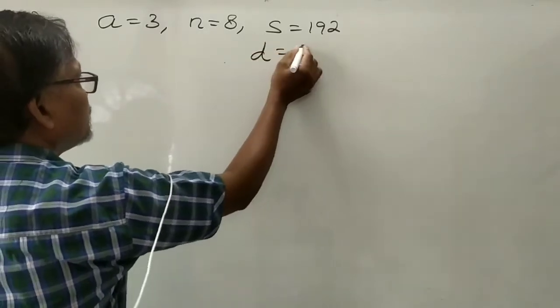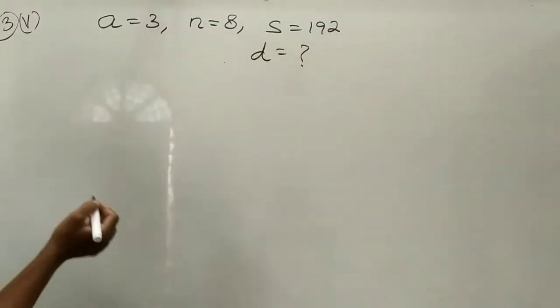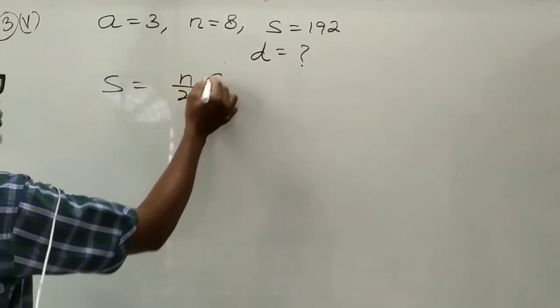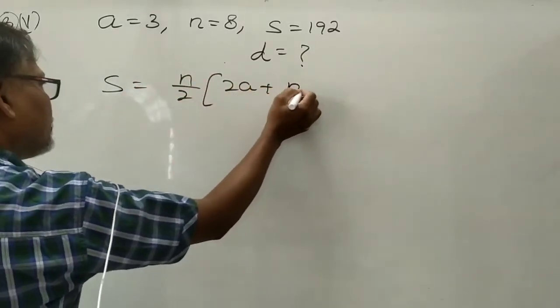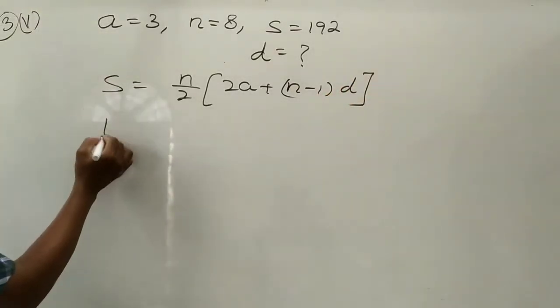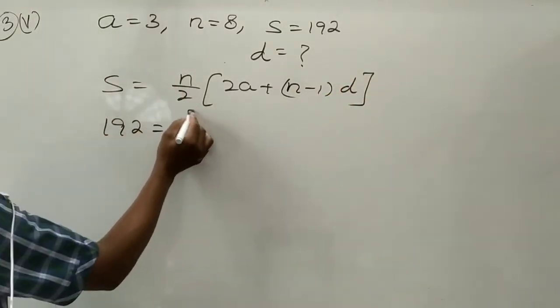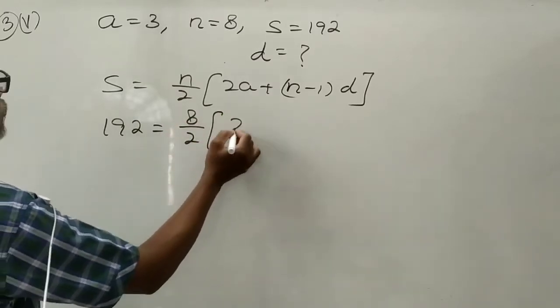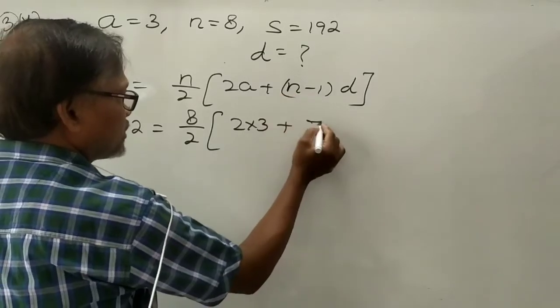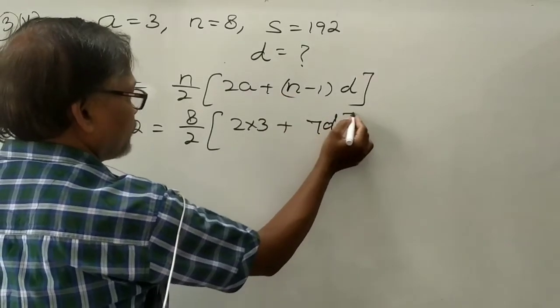Find D. So how to find it? Everything is given. Use the formula S is equal to n by 2 into 2a plus n minus 1 into D. S means 192, n means 8 by 2, 2a means 6, n minus 1 means 8 minus 1, that is 7, and D you have to find.